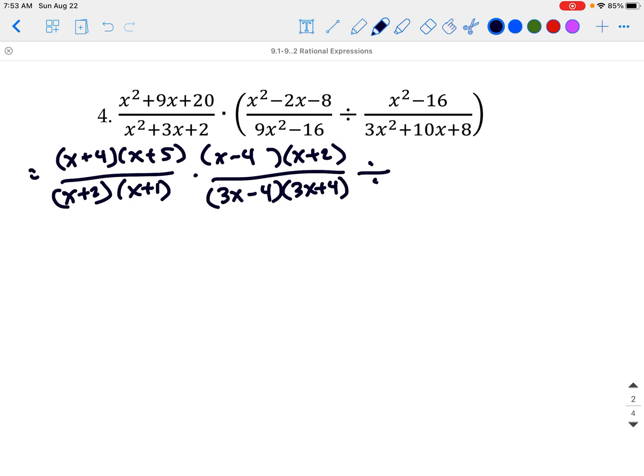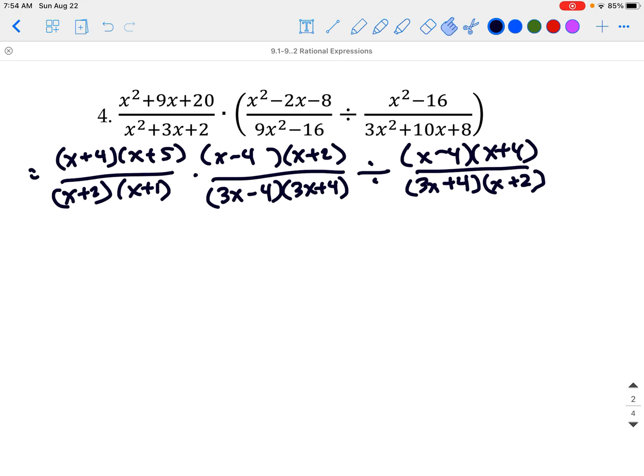And then we're dividing by x minus 4 times x plus 4 all over our 3x squared quadratic here, which looks like it's going to be 3x. Let's see, we need 4 and 2 maybe. So plus 2 plus 4 will give us 10 in the middle, I believe.